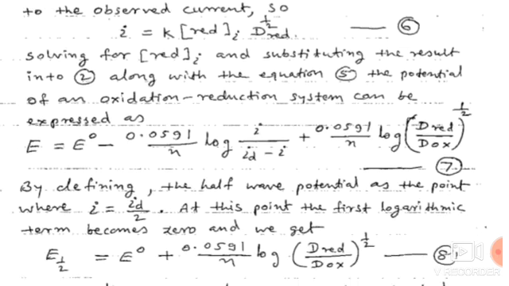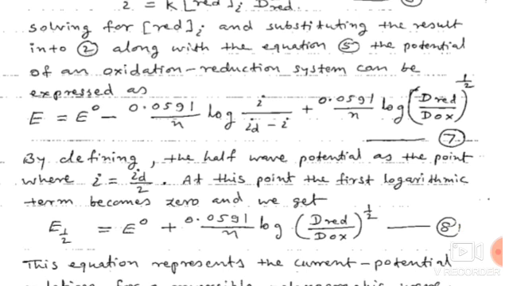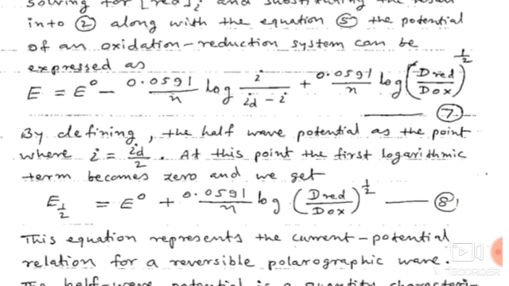Solving for the reductant at the interface and substituting the result into equation 2 along with equation 5, the potential of the oxidation reduction system can be expressed as E is equal to E naught minus 0.0591 divided by n log of i upon (i_d minus i) plus 0.0591 divided by n log of (D reduction divided by D oxidation) to the power half.